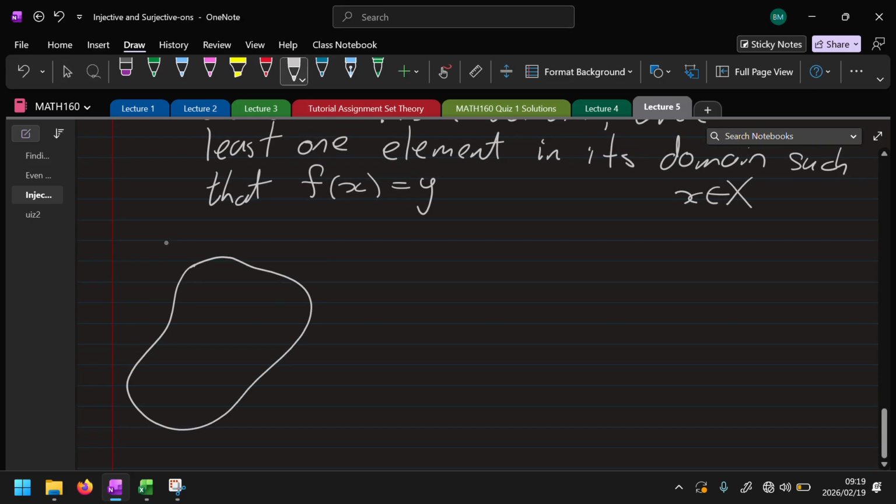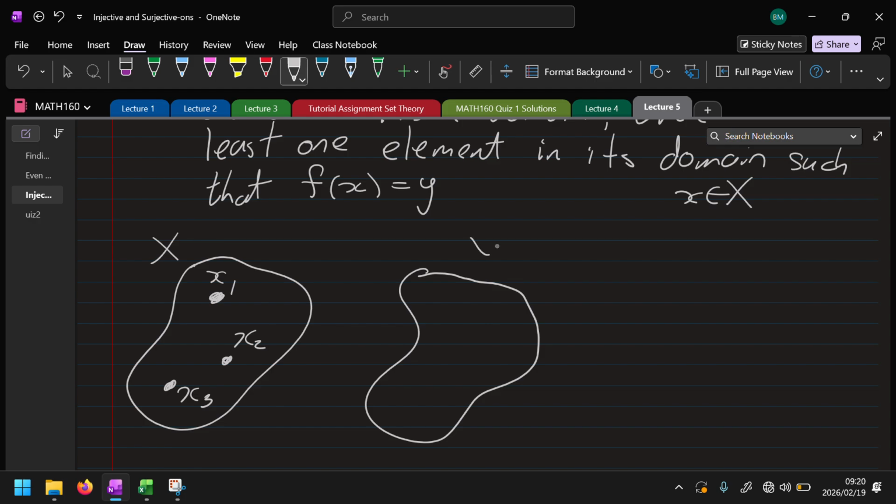Let's say we have our set x, x1, x2, x3. Three elements in the domain. And we have our set y, y1, y2, y3. For this first example, this is going to be non-surjective.